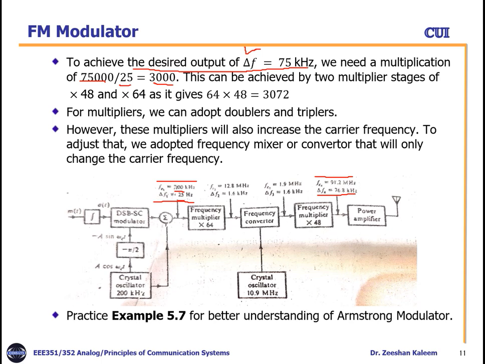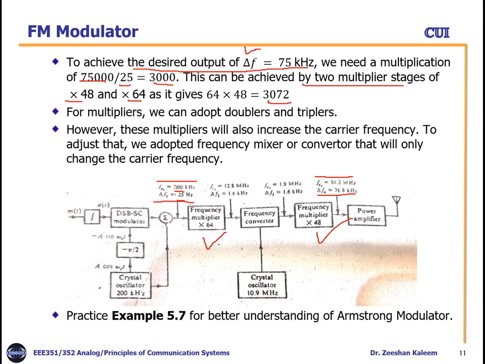How can we achieve this? It can be achieved by two multiplier stages, one of 64 and the other of 48. When you multiply 48 and 64, we roughly get 3,000, it's 3072. We can't generate exactly 3,000 because of the limitations of the doublers and triplers we need to adopt.